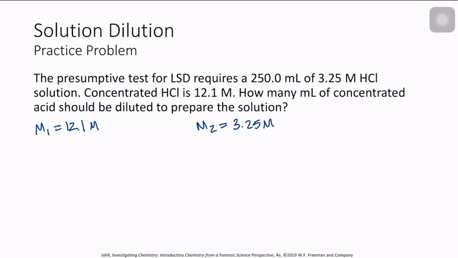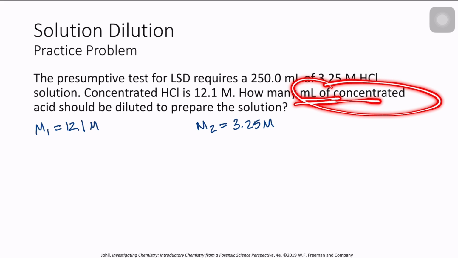Notice that when you're diluting something, the concentration has to decrease. It just has to. That is the process of dilution. So it makes sense that the more concentrated molarity is going to be M1 and the less concentrated molarity is going to be M2. Now, for our volume, we need to solve for how many milliliters of the concentrated.